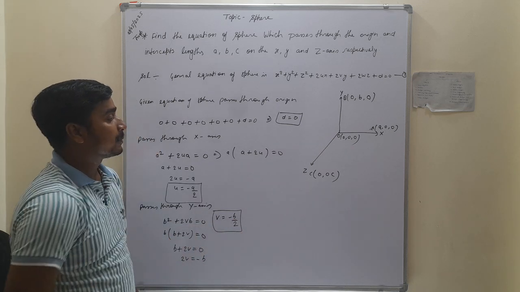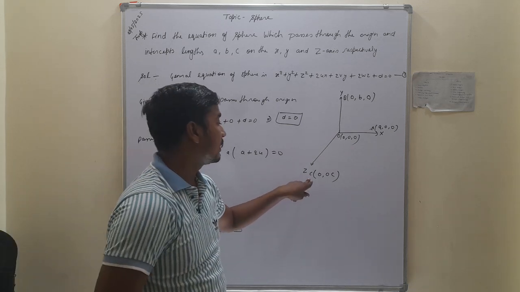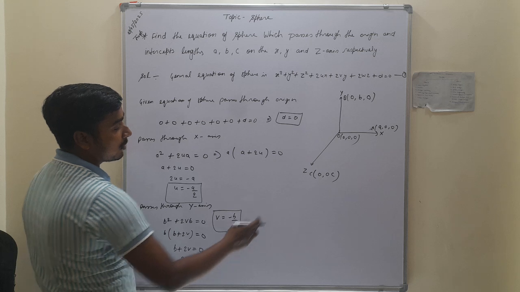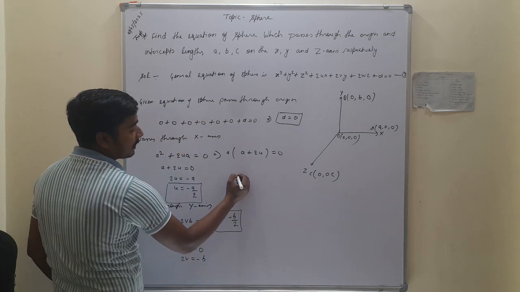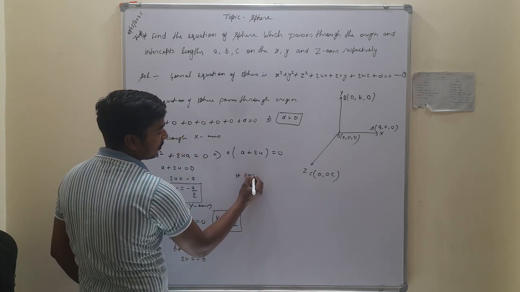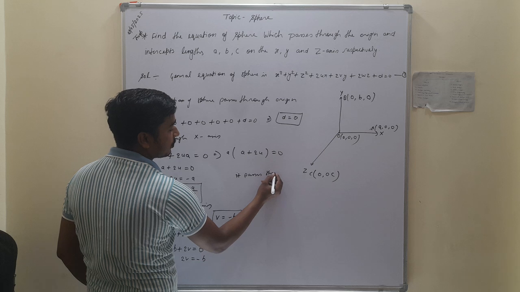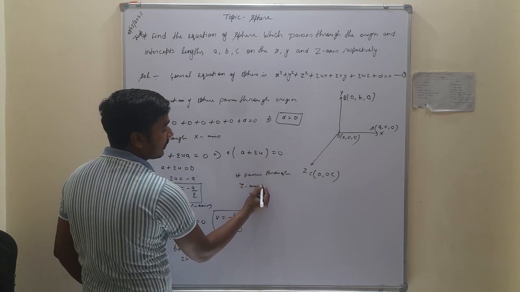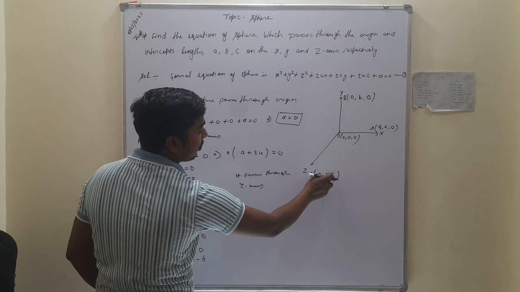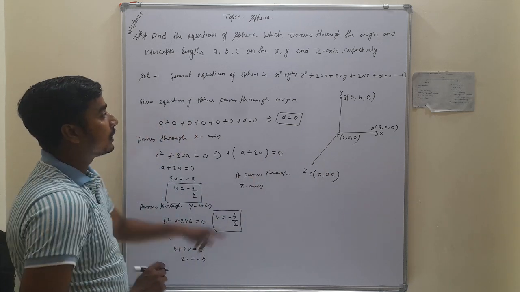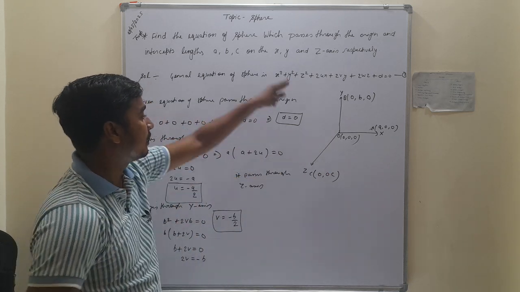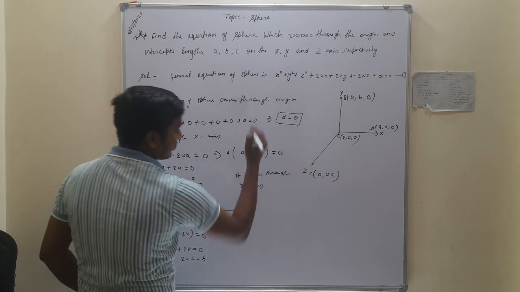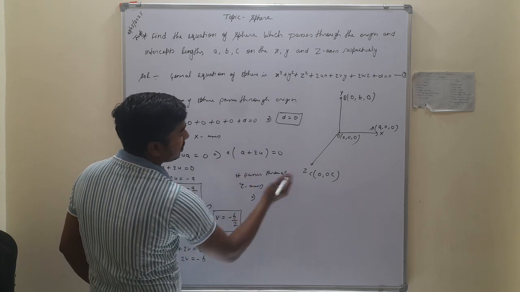Similarly, it passes through the z-axis, and the coordinates on the z-axis are 0, 0, c. Equation 1 passes through the z-axis. We put x is 0, y is 0 and z is c.